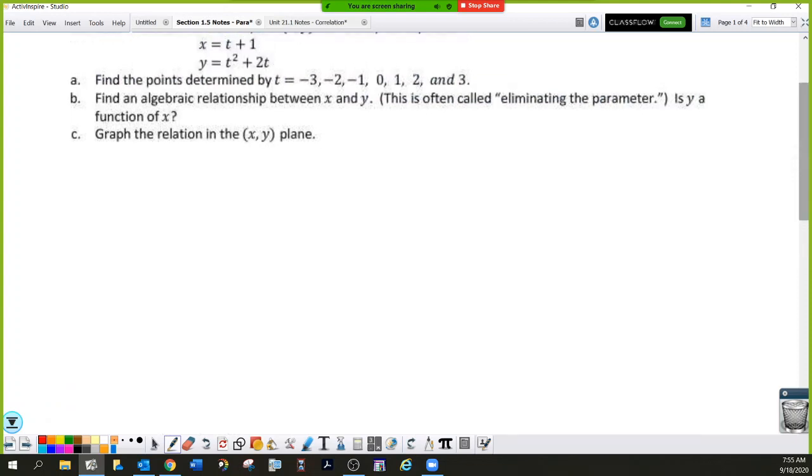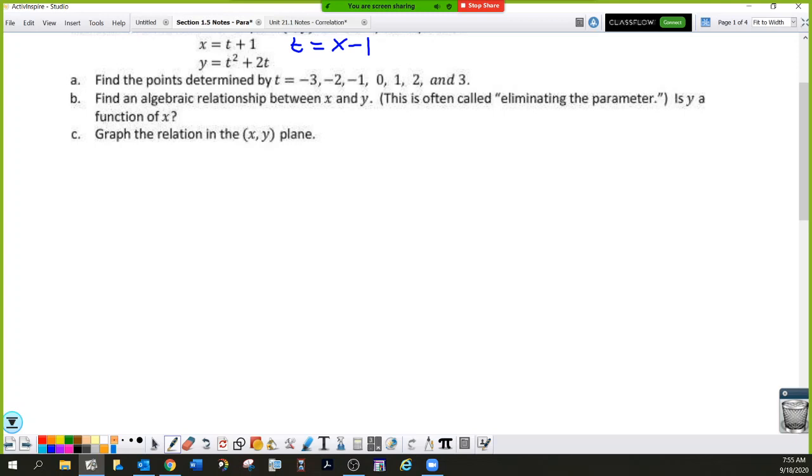Eliminating the parameter works like this. You go, I need to figure out a way to make the t's disappear. For the way this one's set up, your best option is good old substitution. Because if you knew what t equaled, you could plug it in for one or the other. For example, right up here, wouldn't it be really easy to just subtract 1 from both sides and say that t equals x minus 1?